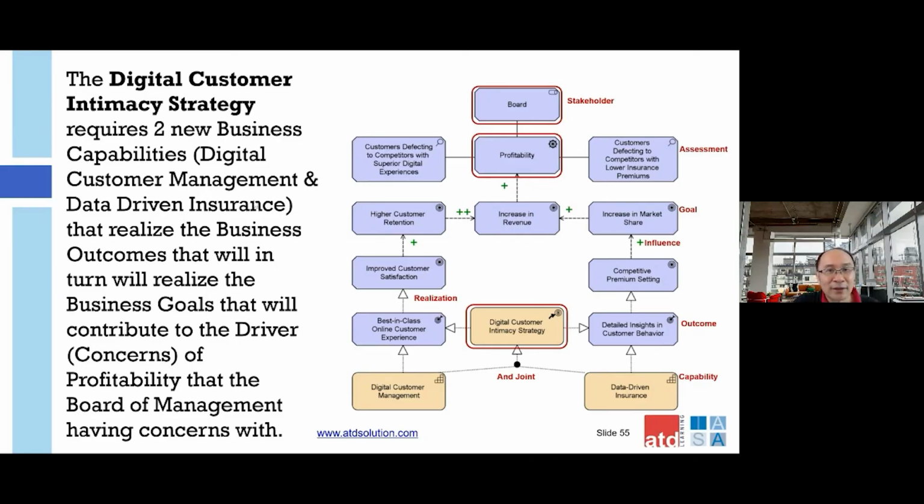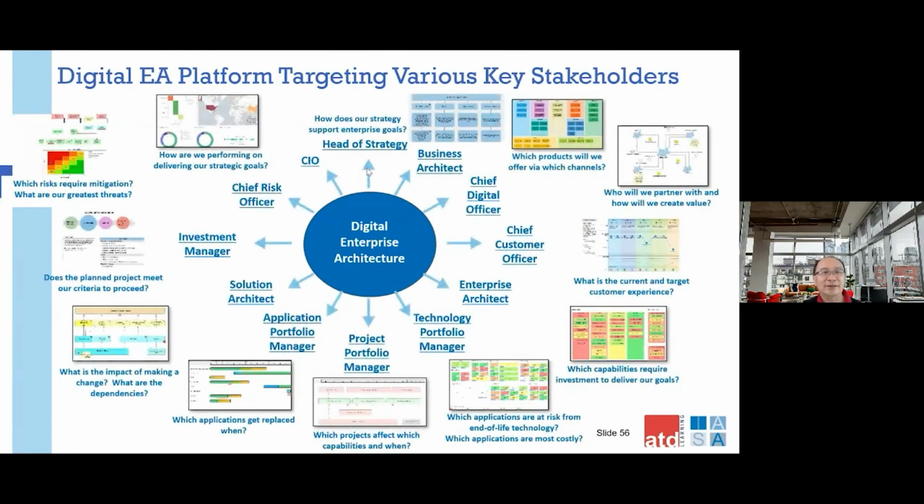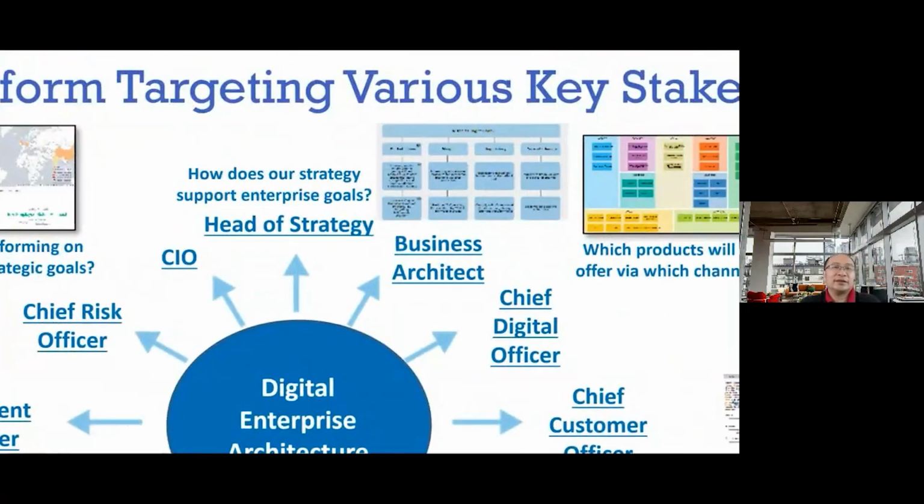This is where the architects need to play a critical role, and need to have coverage of the key stakeholders. And of course, the interesting part of having the enterprise architecture is that it addresses a lot of stakeholders. As you can see here in this diagram, it addresses even the strategy. You know exactly the head of strategy or strategy team.